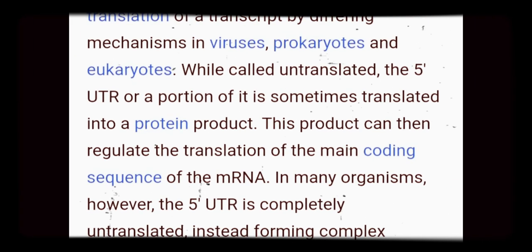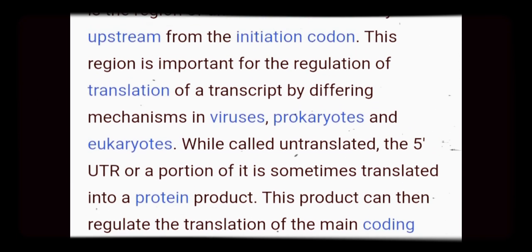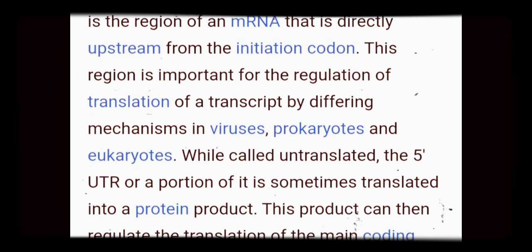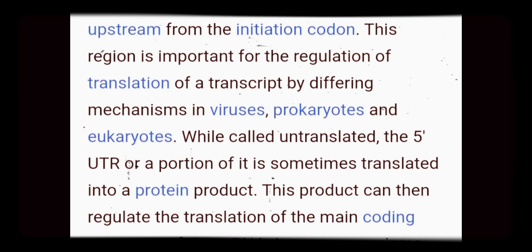So this type of untranslated region, the 5 prime UTR, is important for regulation of translation by different mechanisms in virus, prokaryotes as well as eukaryotes.